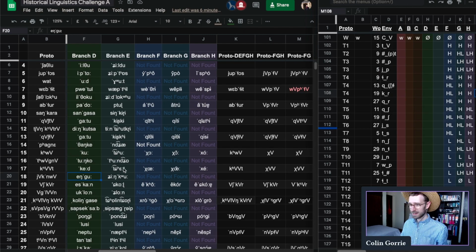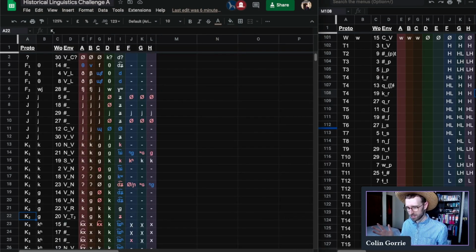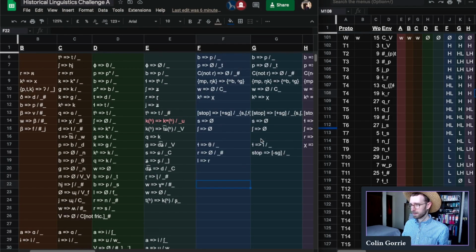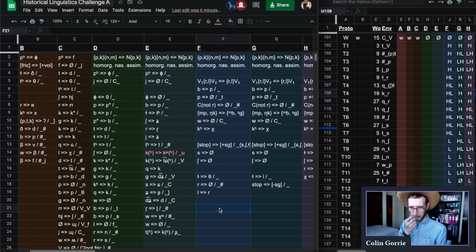Let's say, okay, so let's write down some of these generalizations. So it seems that in F, okay, how am I going to write this?